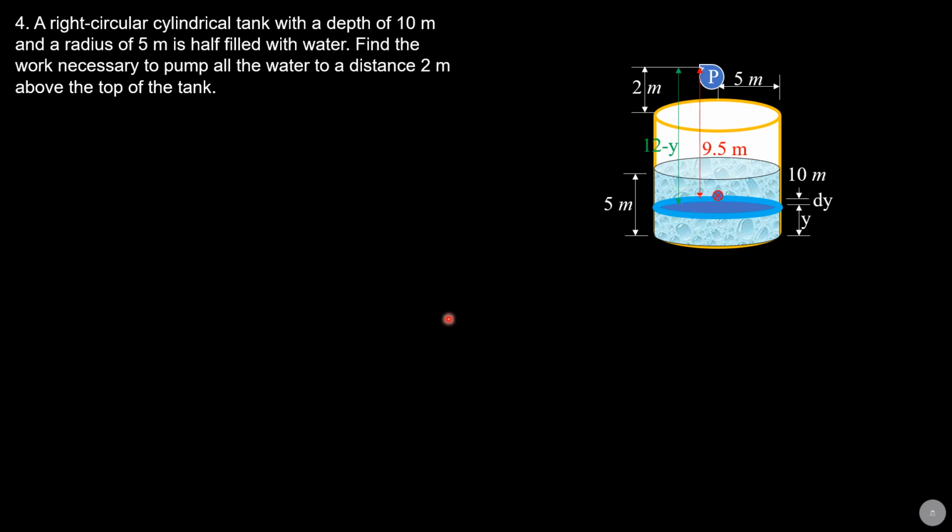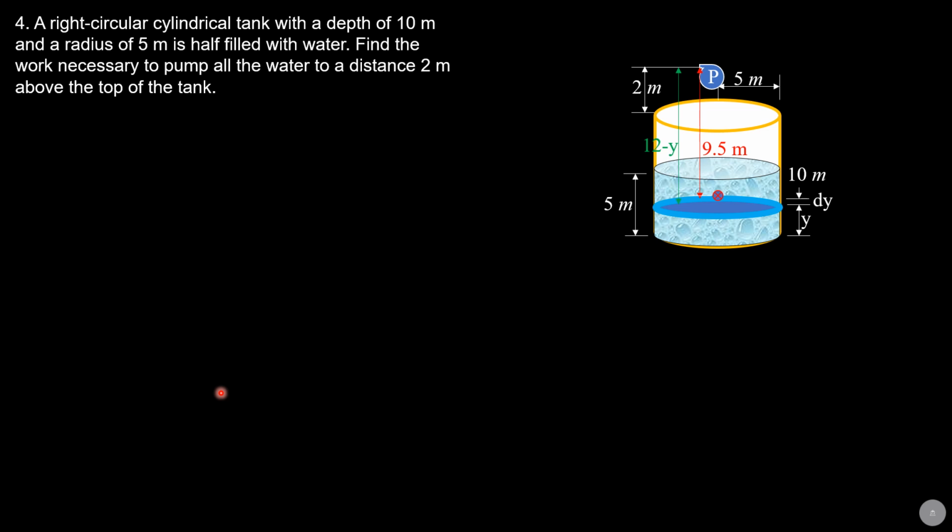So by integration, work is equal to from 0 to 5. The depth of water is only 5 meters, so limits would be 0 to 5, and all the water should be disposed of. So that's why the limit should be 0 to 5.